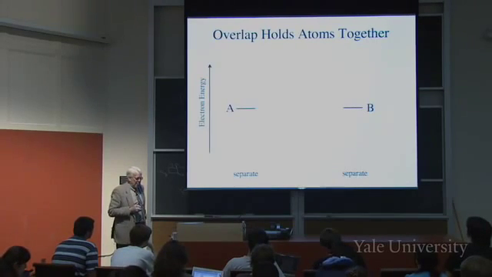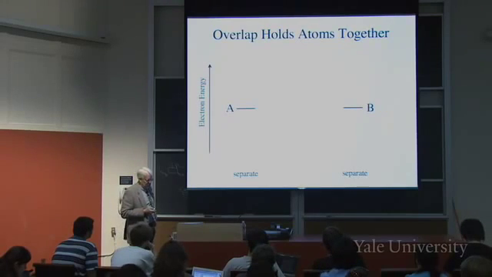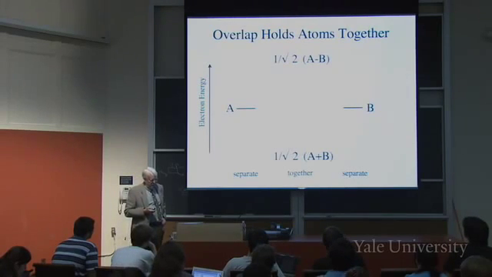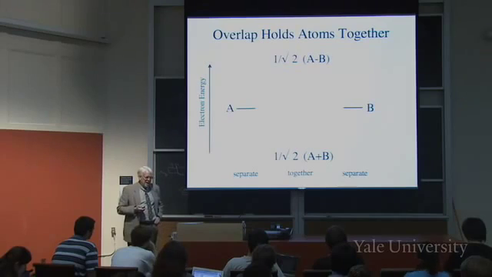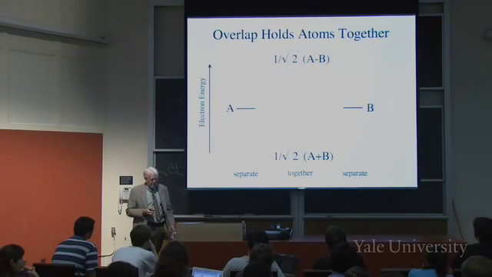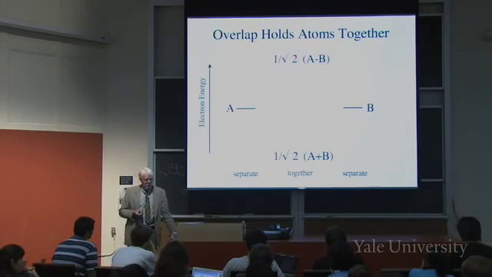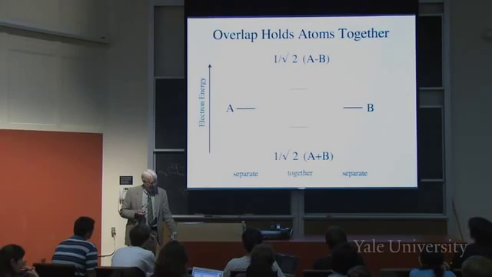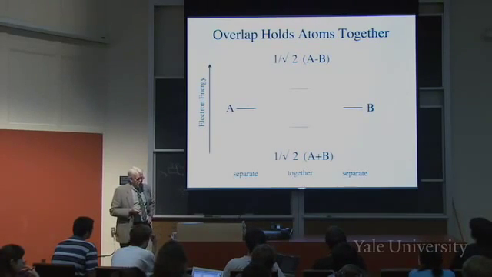Now that overlap holds the atoms together, and this again is a picture we saw before, except we're going to do it with writing in the equations. Remember, a good guess of the form of the molecular orbital is 1 over the square root of 2 times (A plus B), or 1 over the square root of 2 times (A minus B). And that will give 2 new orbitals, one better and one worse.